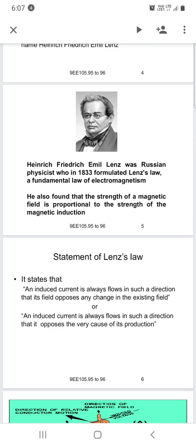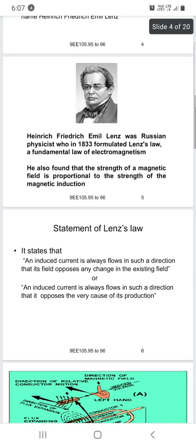Next, what is the statement of Lenz's law? What is the relation between the induced EMF and current?